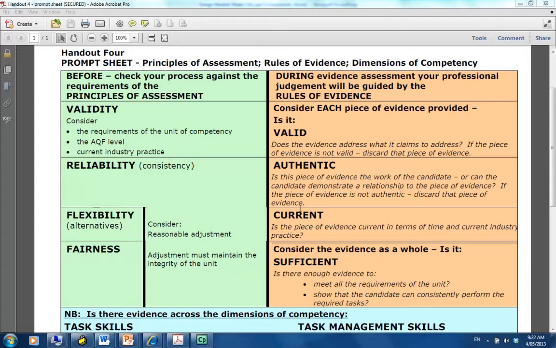So you need to make sure in advance, before you're working with a candidate, that you fully understand those benchmarks and what's expected, what a satisfactory response would look like, and have a conversation with the supervising assessor before that happens.